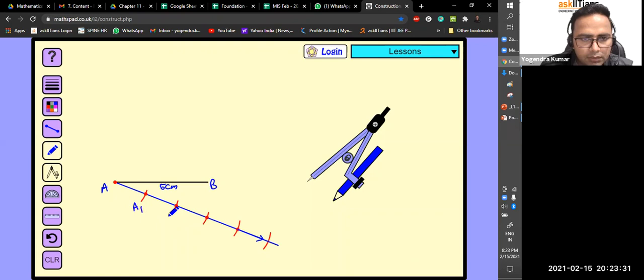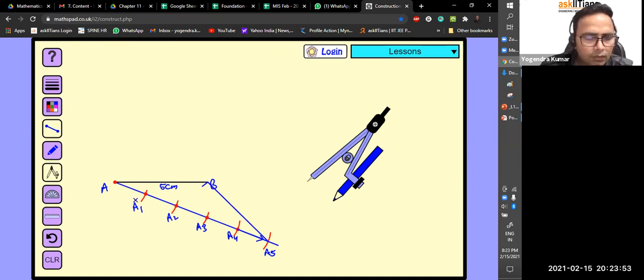This is A1, this is A2, this is A3, this is A4, and this is A5. Now I can join B2, A5. Let me join this here. Yes, B2, A5 I joined here.